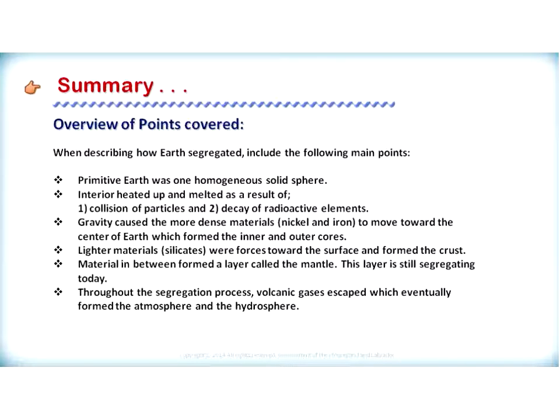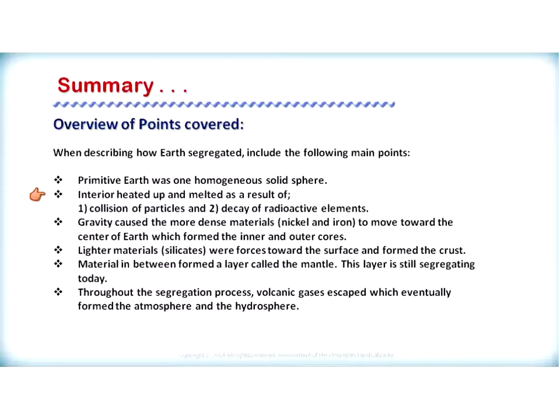In summary, when describing how Earth segregated in the past, include the following main points. The primitive Earth was one homogeneous solid sphere. Therefore, it had no layers. It was just made up of one solid rock type that consisted the entire geosphere.